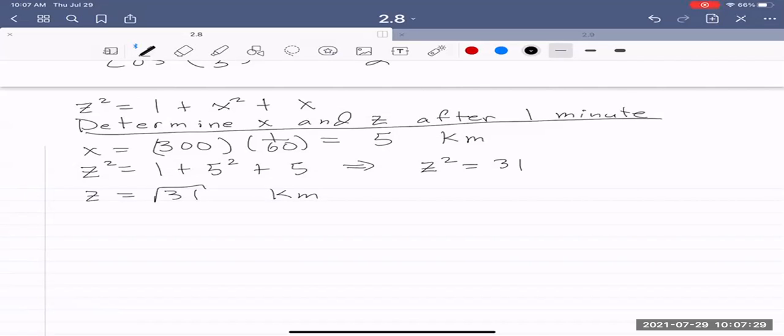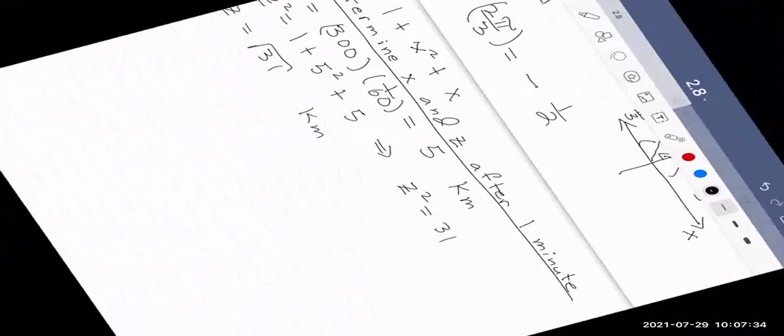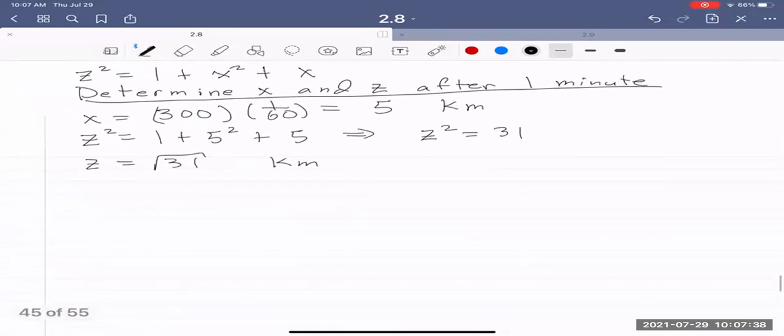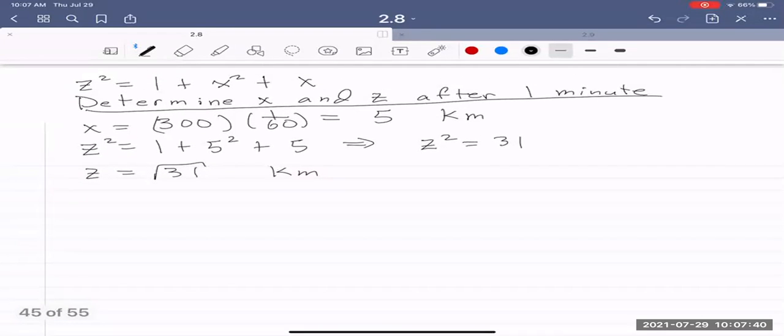Okay, so now let's try to determine dz/dt. Let's take the derivative of both sides of this equation.